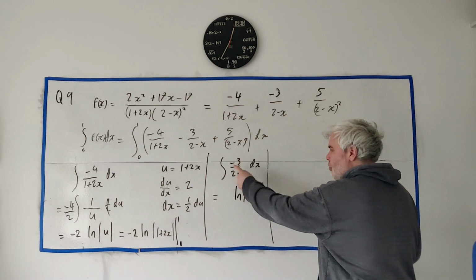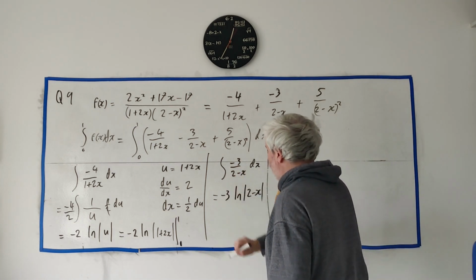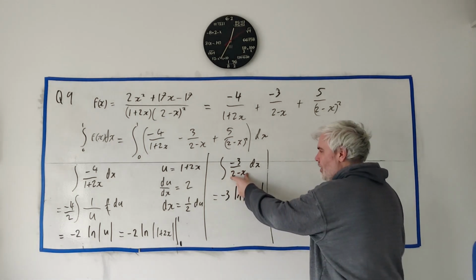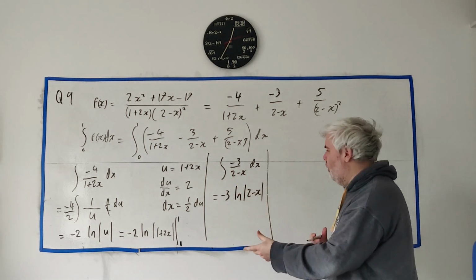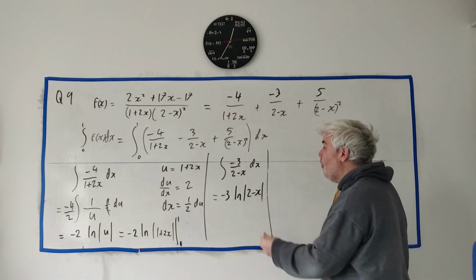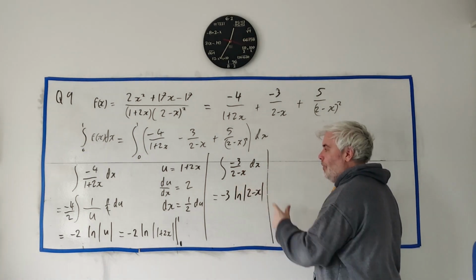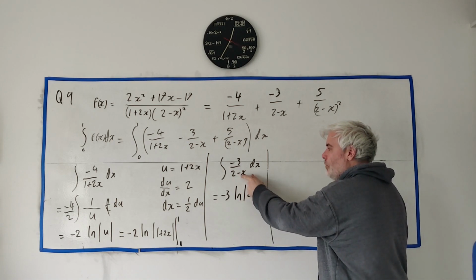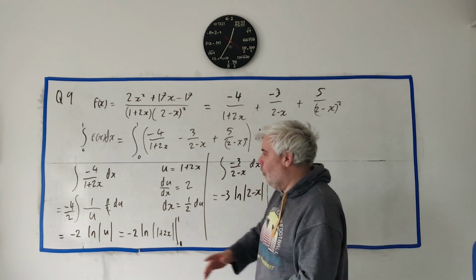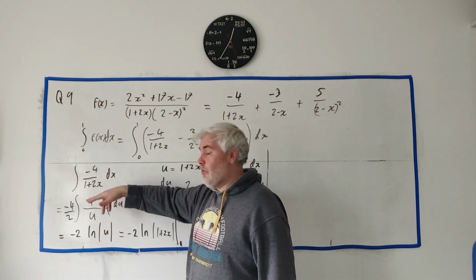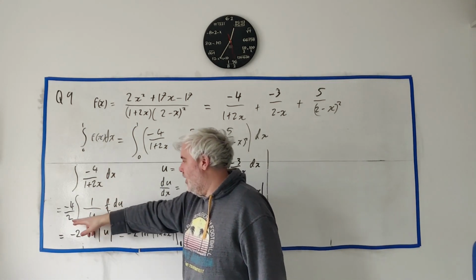The minus 3 is just a number, that'll stay out front. And I cheated, I substituted here. I used the chain rule. So to fix that, we're going to end up dividing by the derivative of this bottom row. And the derivative of the bottom row is minus 1. Over here, we divided by the derivative of the bottom row. That's what we do in integration in this sort of case.